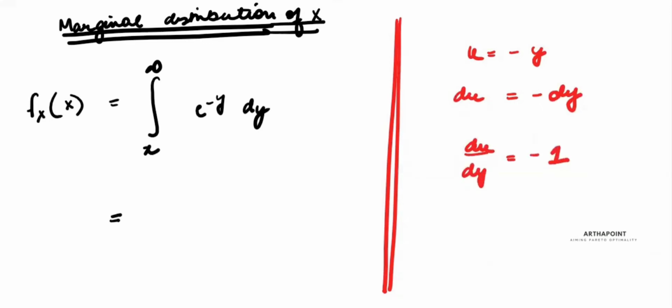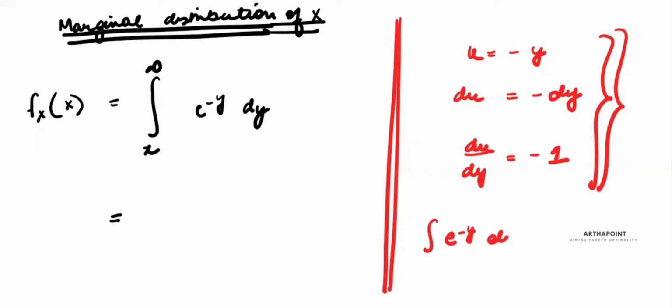It's very simple, but if you want, you can use this method of substitution. So you will get e to the power minus y dy as minus 1 times e to the u, which is e to the power minus y. Whenever you have an exponent, its integration is as it is, divided by the differentiation of minus y, which is minus 1. That's the way to integrate.